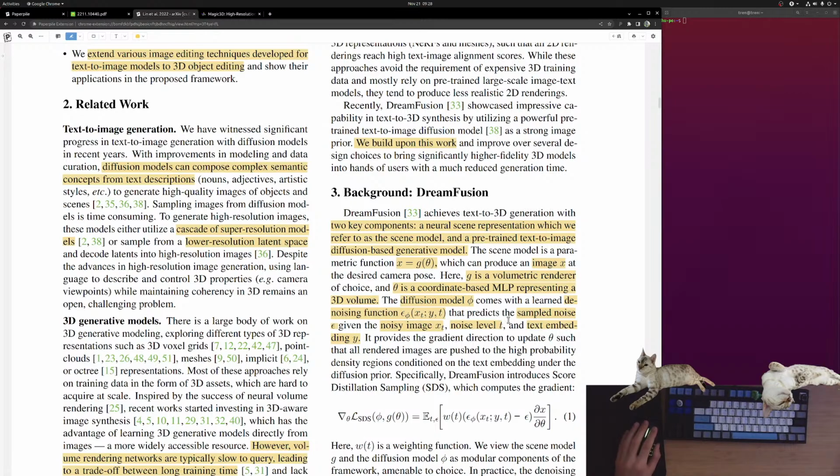Okay. Provides the gradient direction to update theta such that all rendered images are pushed to the high probability density regions conditioned on the text embeddings under the diffusion prior.